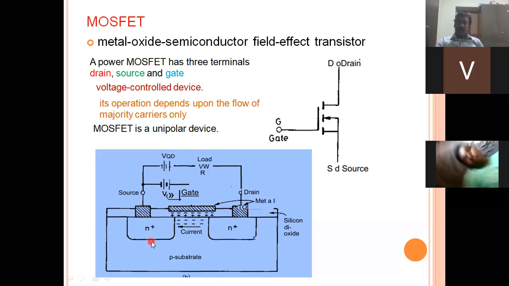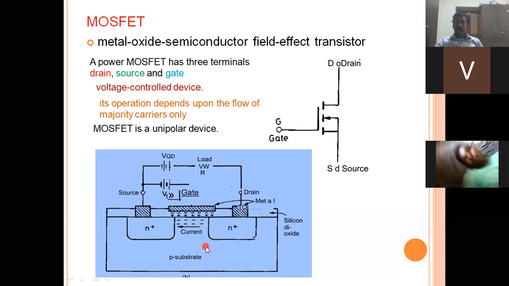Whenever you consider the junctions provided here, between these two you have one junction, that is P and N plus, formed between the lightly doped P layer and the heavily doped N layer. And again, you have one junction formed between this P layer and the N plus layer, isn't it? So two junctions are provided here.